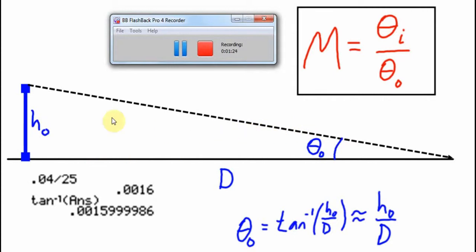Typically what we do, though, is we talk about such a small angle here that to find the angle, we don't do an arctangent, because this is obviously an arctangent with the opposite side over the adjacent side.